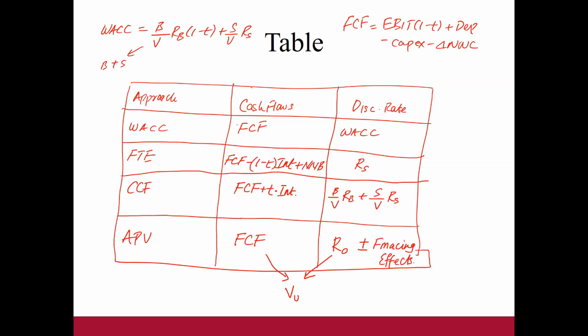So this approach is different from all the other approaches because you're doing it in parts. You value the unlevered firm or project first, and then you account for all costs and benefits of financing separately. That's why this approach is known as valuation by parts.